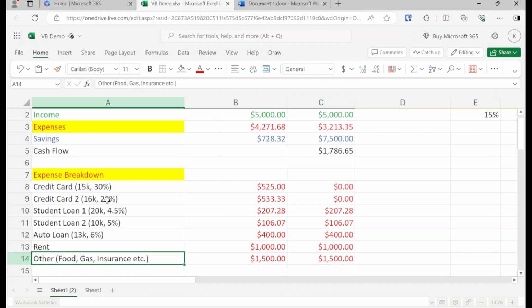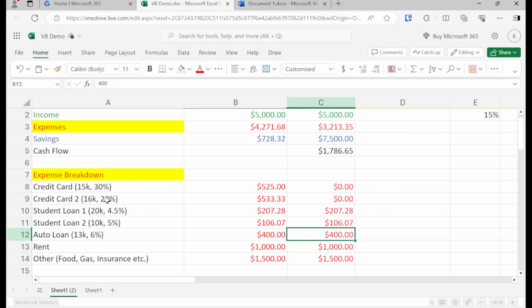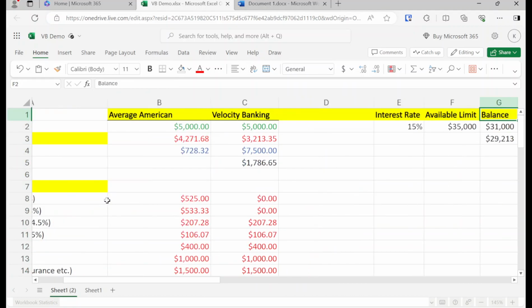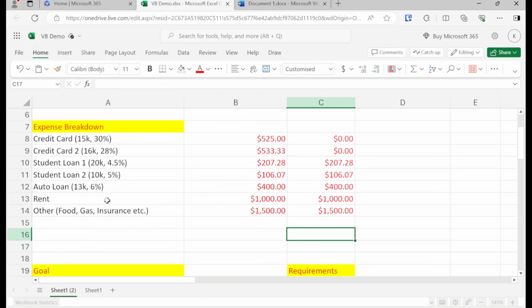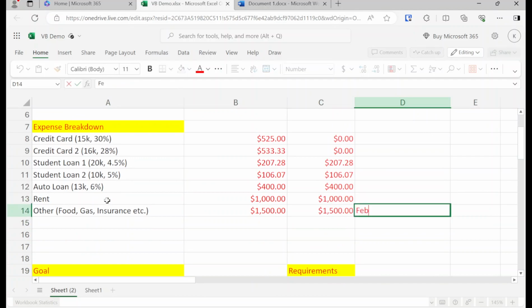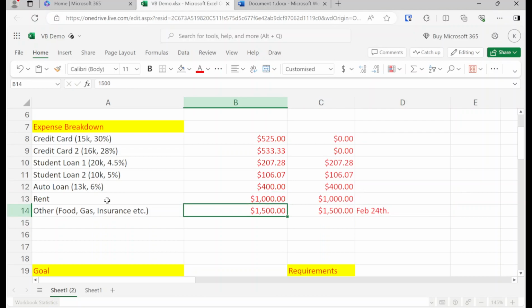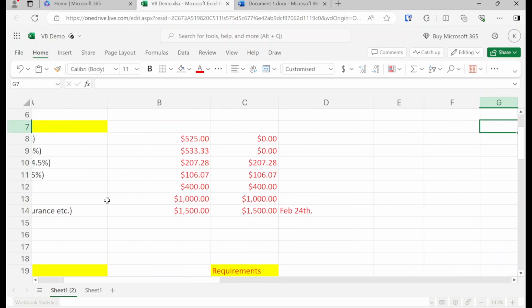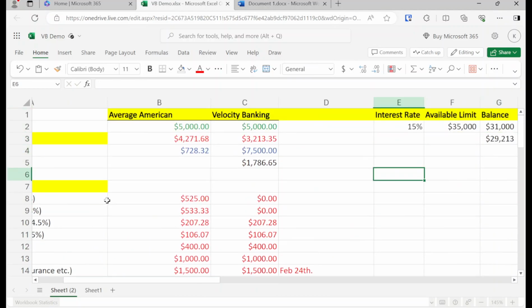So let's say we have food, insurance, gas right here. If I pay my food, insurance, and gas with my home equity line of credit, guess what? I'm accruing interest today. So let's say today is February 24th. If I use my home equity line of credit or personal line of credit to pay for these things directly out of my checking account, then I'm accruing interest today.